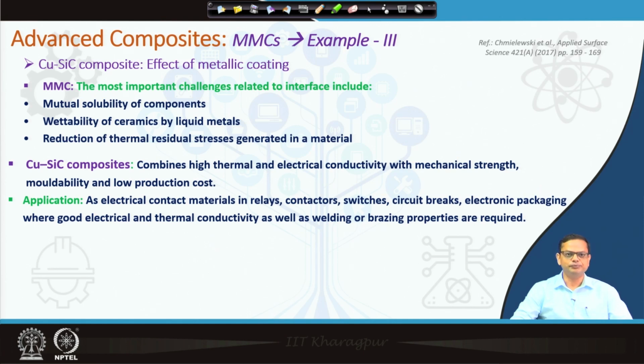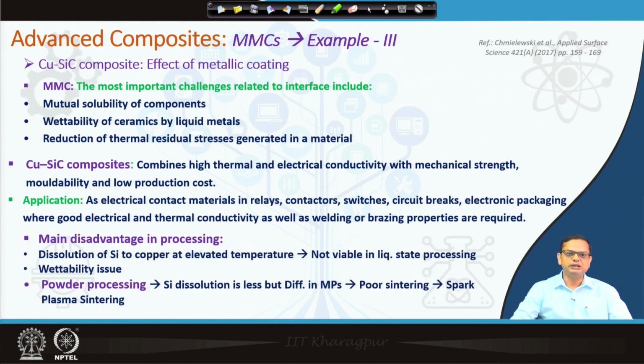The major problem in the copper silicon carbide composite is the dissolution of silicon in the copper matrix. That is the single most primary problem in this composite: silicon from silicon carbide gets dissolved in copper and forms different kinds of harmful phases.